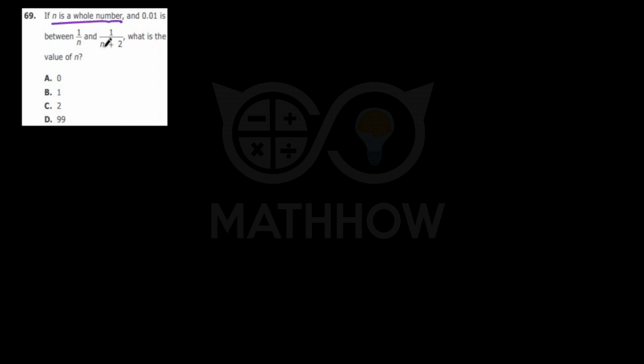Whenever the numerators of two fractions are equal, the fraction with the greater denominator will result in the smaller value. So 1 over n plus 2 is less than this fraction.